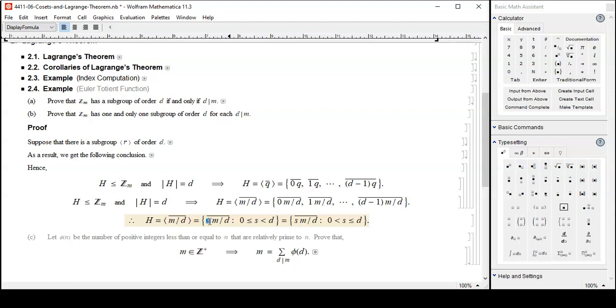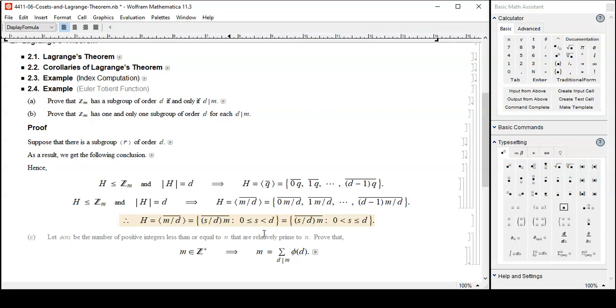Well, this s has to be relatively prime to d. In other words, this fraction times m, and this fraction should be in the lowest terms.